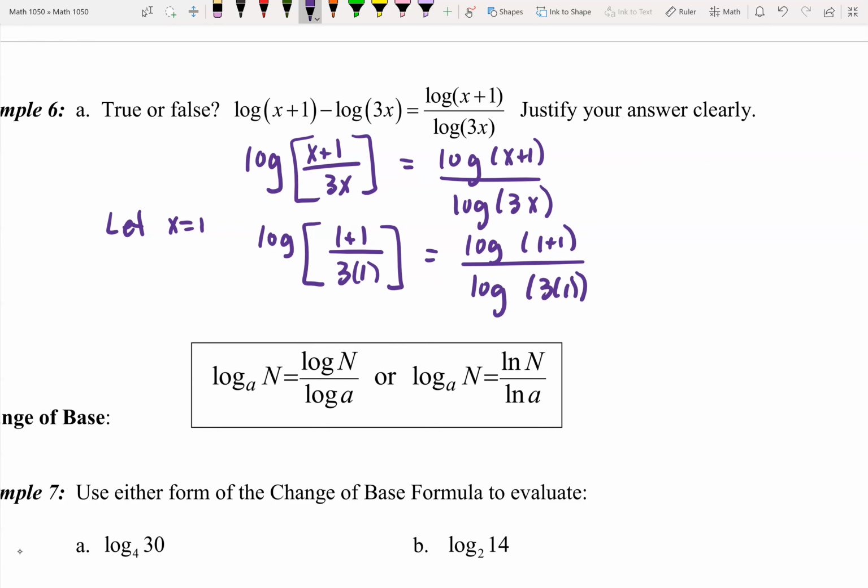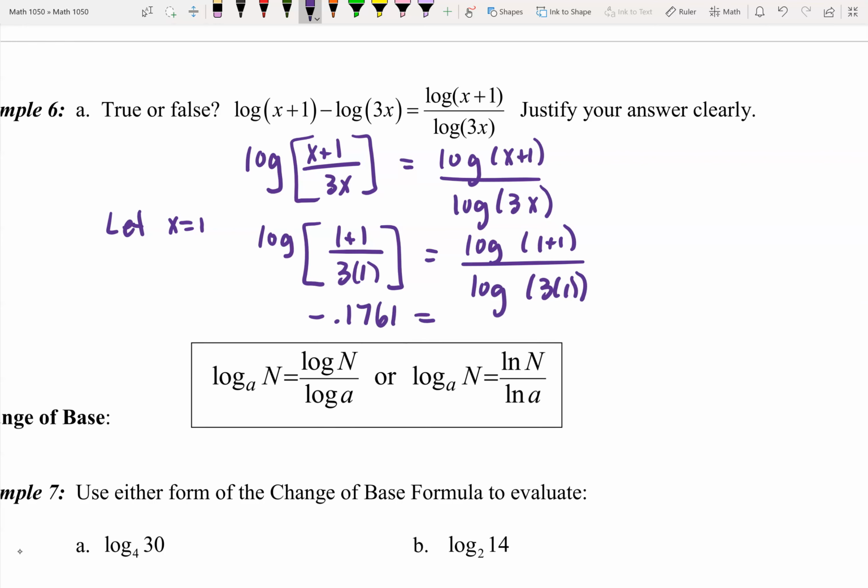Every time I teach this, I have some people who don't practice on their calculator, and then it comes to quiz day or test day and they don't know how to do it, and then they're lost. Okay, everybody hit log. I know 1 plus 1 is a 2, so I'm just going to go 2. I don't hit log again, I just hit divide. 3 times 1 is a 3. Close it off, hit enter, and I get negative 0.1761.